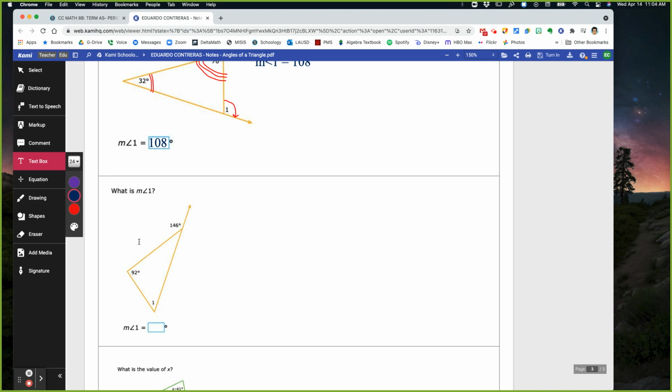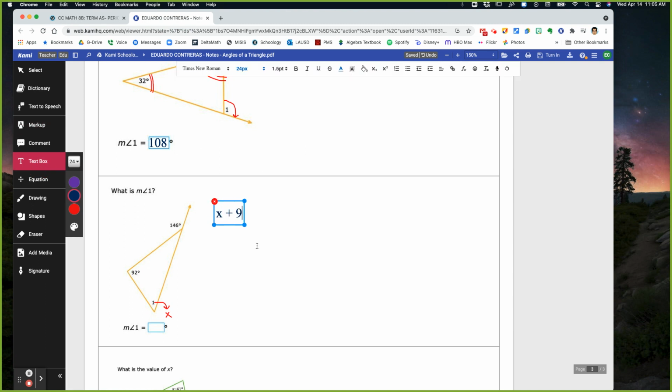The angle we don't know is angle 1, and that's on the inside. So I'm going to change the name of angle 1 just to make it easier. I'm going to call this x. And the reason is I'm going to say x plus 92 equals 146.